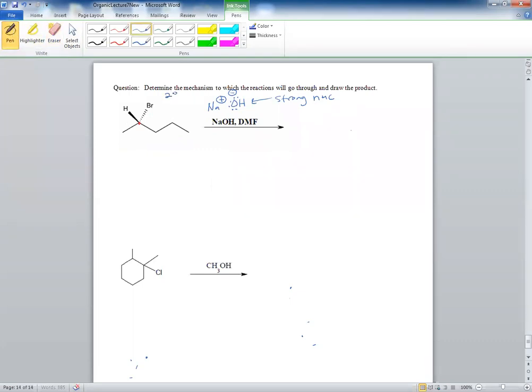That's a secondary alkyl halide, aprotic solvent, and again, this is going to go through an SN2 reaction. What you do is you bring the OH, that's your nucleophile. And that's a backside attack.